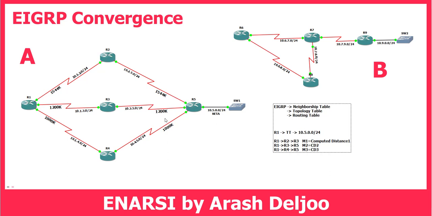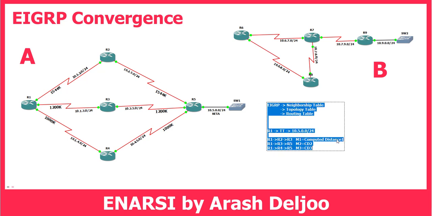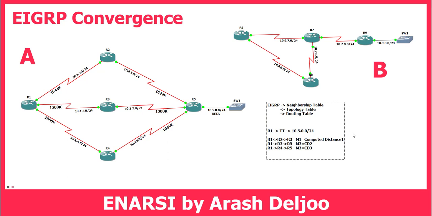Actually, because here we have only differences between the bandwidths, we can guess that M1, or CD1, the metric of path 1, is lower than CD2, the metric of path 2, and CD2 is lower than CD3. Actually, we know that the best metric is the lowest metric, and the lowest metric is the metric of path 1, R1, R2, R5.